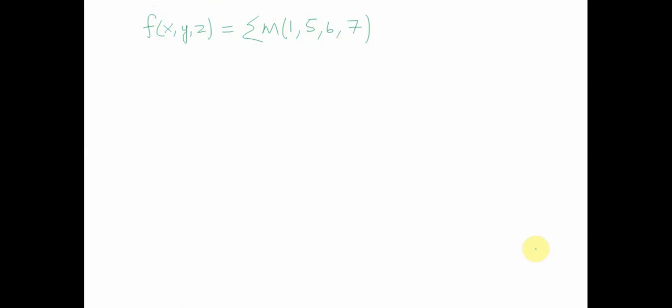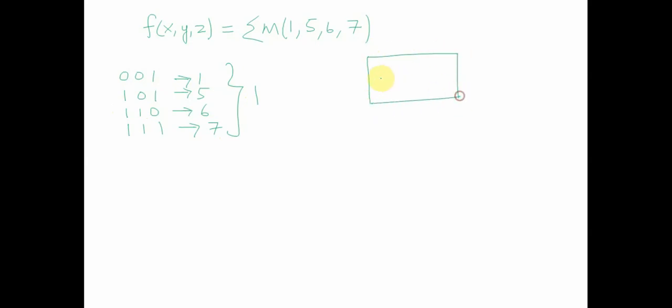So what does this mean? The terms 001, 101, 110 and 111, that is 1, 5, 6 and 7, these are all 1. Now if I have to map this to a K-map, how would I build it? I would simply create a block for 3 variables with x, and these are yz.